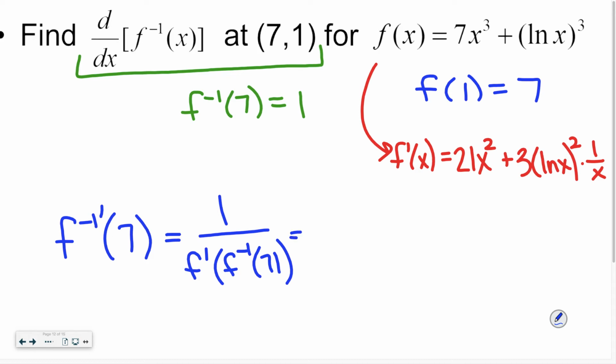What is f inverse of 7? Good thing, because I don't want to plug any other number into the natural log, right?